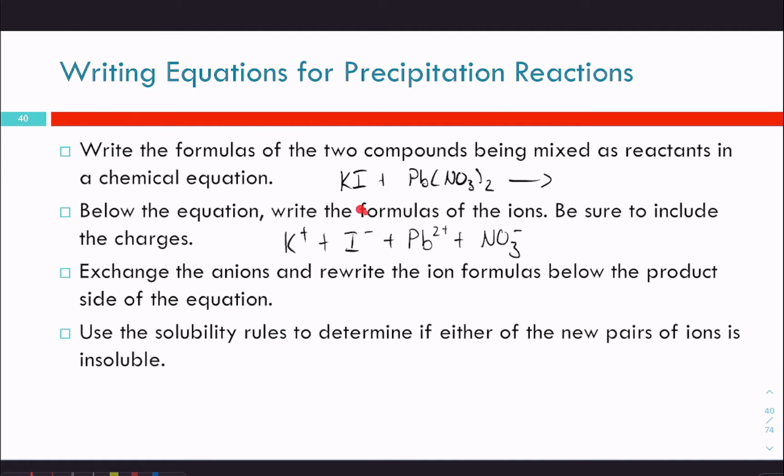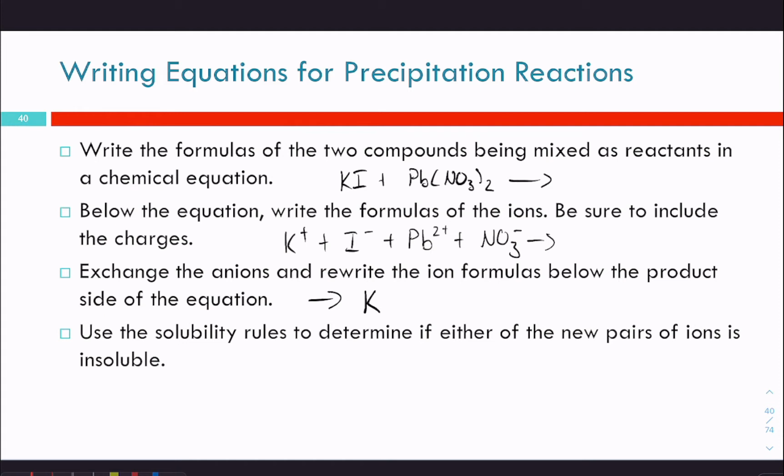All right, so then we write all these out, and then we exchange the anions, rewrite the ion formulas below the product side. So like I said, potassium and lead won't form a compound together. So we can rewrite, just going to abbreviate here.